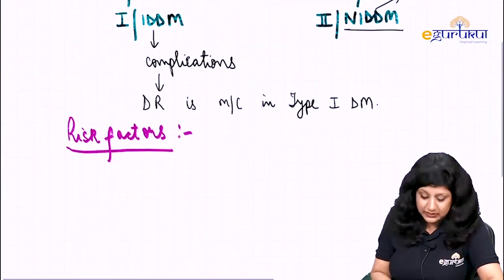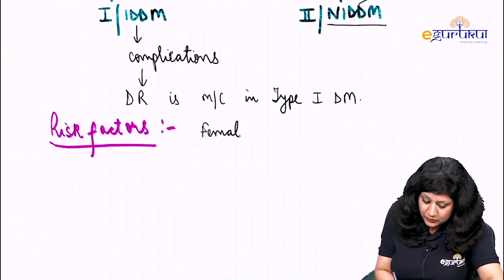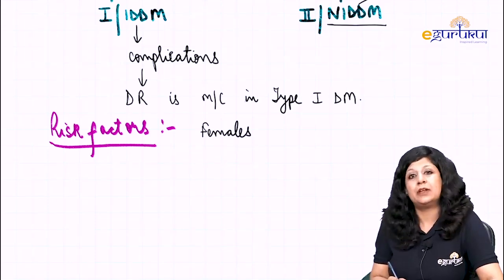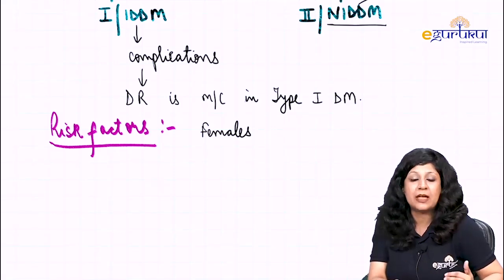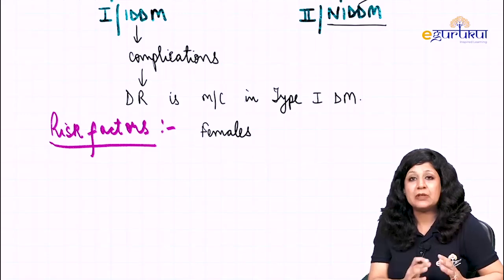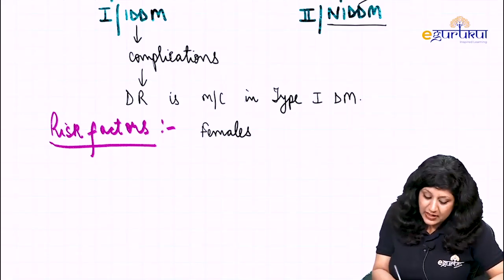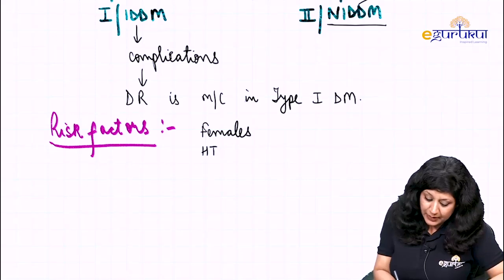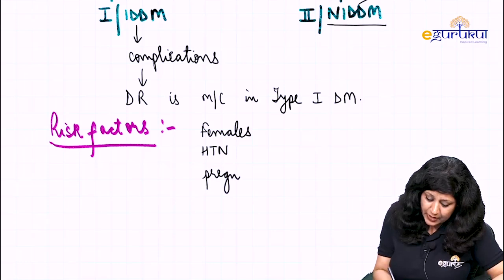The other risk factors for diabetic retinopathy are, like, female gender. In females, we have more incidence of diabetic retinopathy, like a male having diabetes and a female having diabetes. It is always more likely that a female having diabetes will develop diabetic retinopathy, especially if she also has hypertension, or if there is pregnancy or anemia.